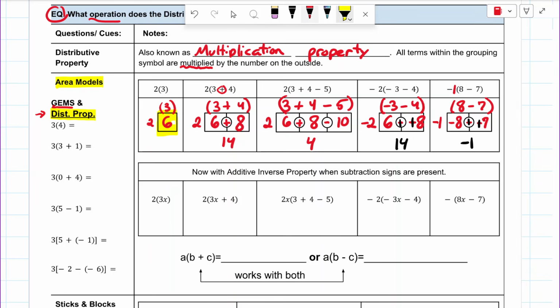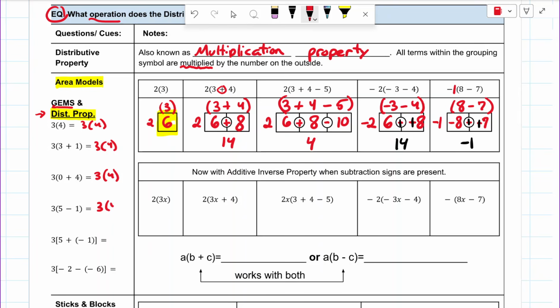Now, in GEMS, we're supposed to do everything inside the grouping sign first. So this one would be 3 times 4, all set. This one would be 3 times the grouping sign, 3 plus 1, which is 4. And right here we have 3 times 0 plus 4, which is also 4. And here we have 3 times 5 minus 1, which is 4.